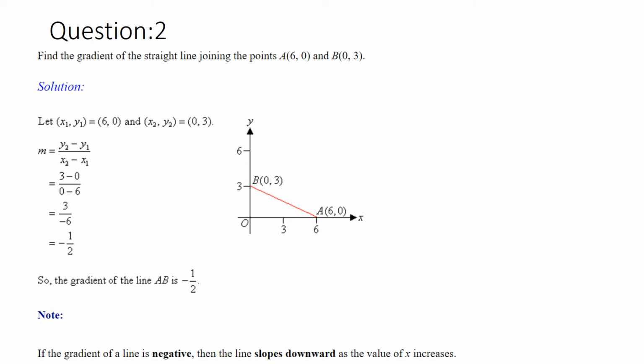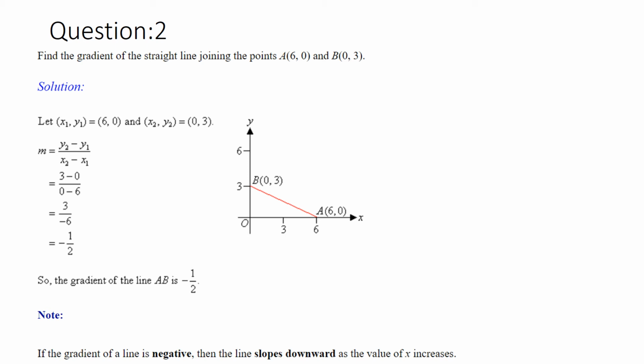Question 2. Find the gradient of the straight line joining the points A(6, 0) and B(0, 3). Let us suppose (x1, y1) represents the point A(6, 0) and (x2, y2) represents the point B(0, 3). Now the gradient of the line AB will be change in y over change in x.